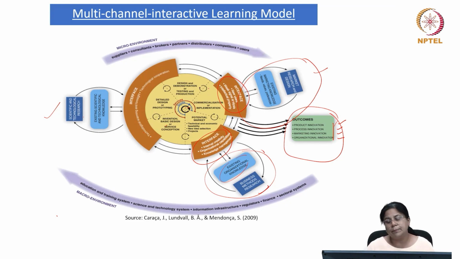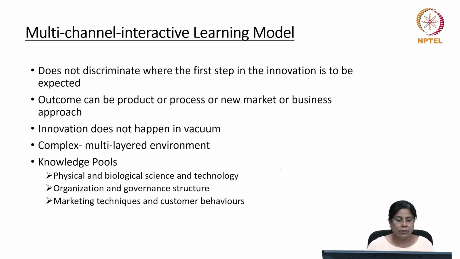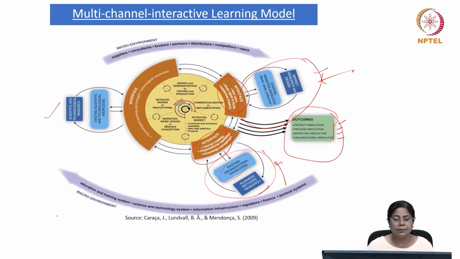Okay, so some might be completely or purely coming from this science driven, and if you see the chain link model also, essentially the role of the research etc. was very important, and it was indeed present everywhere. But here also the innovation can actually come through the different channels also. And then this knowledge pools, we have already talked about it.